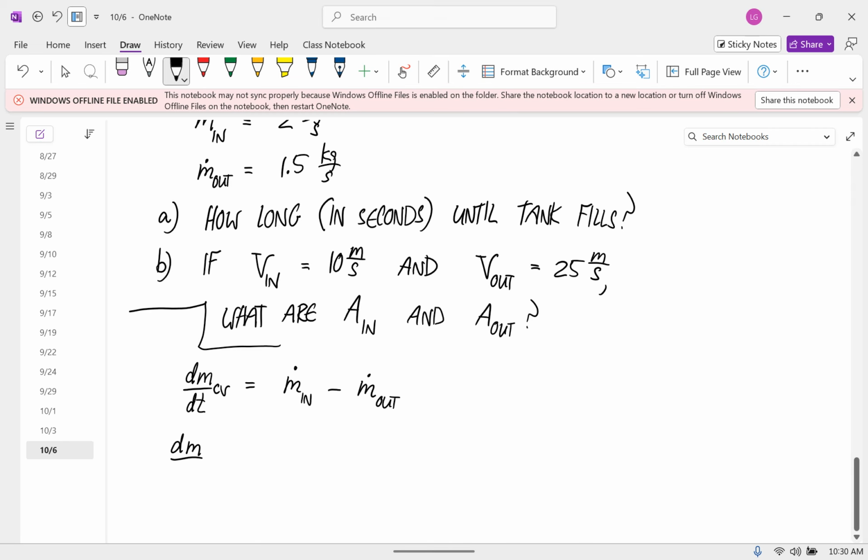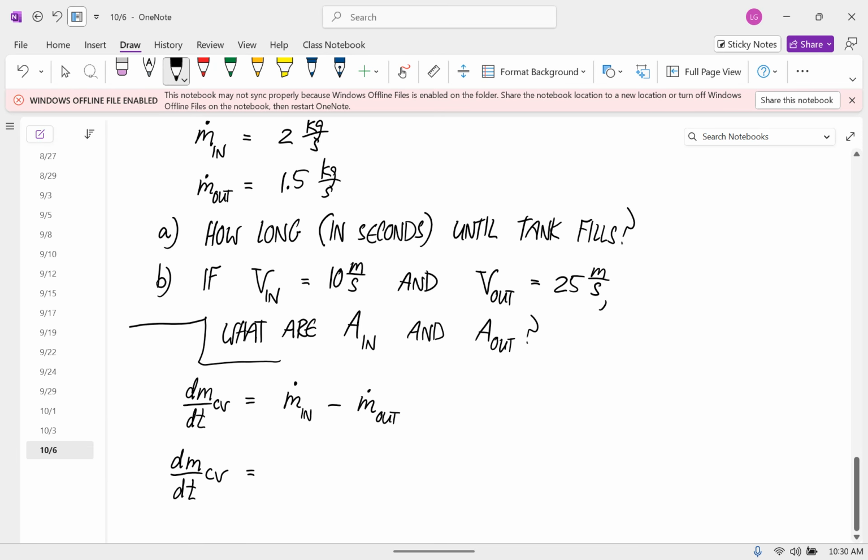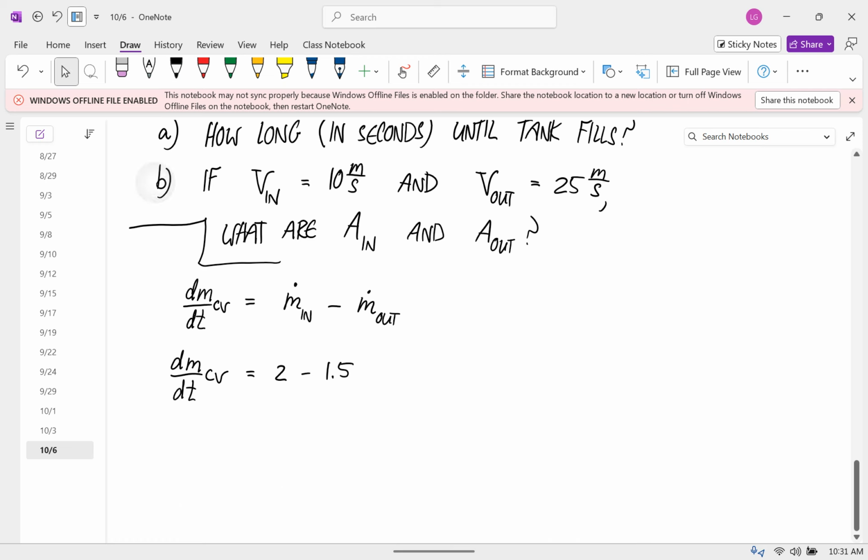And so dm/dt is equal to 2 minus 1.5. So that's equal to 0.5.